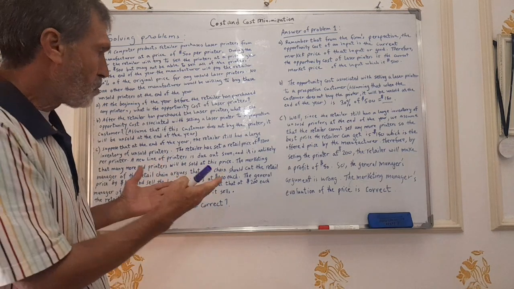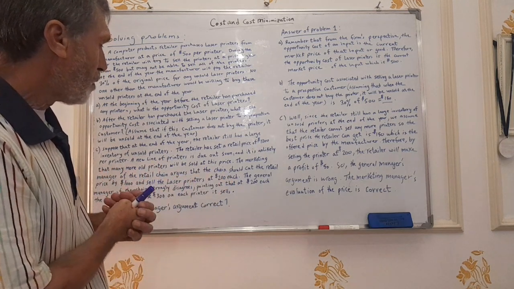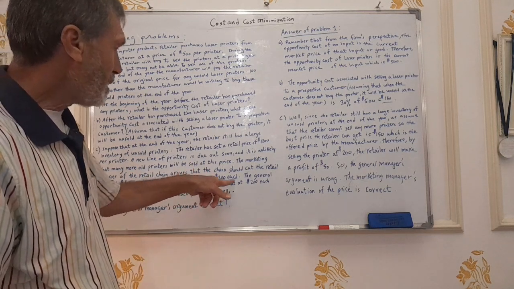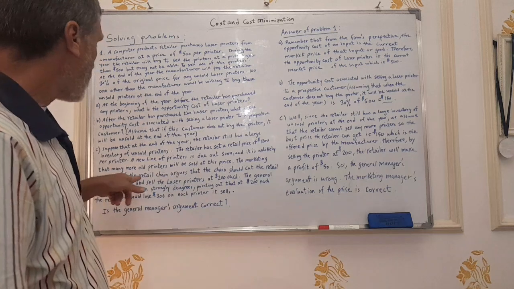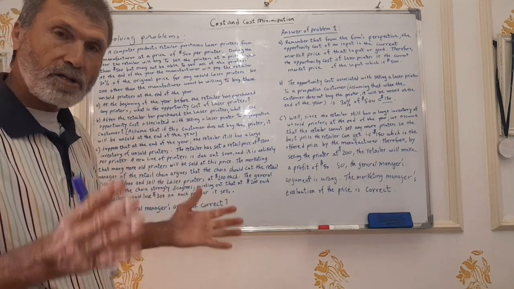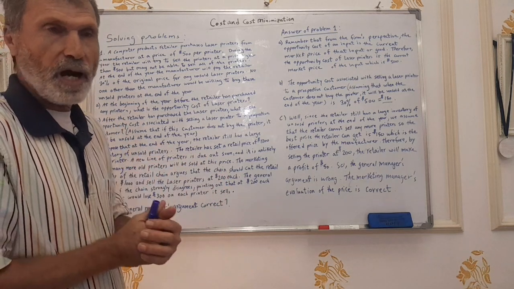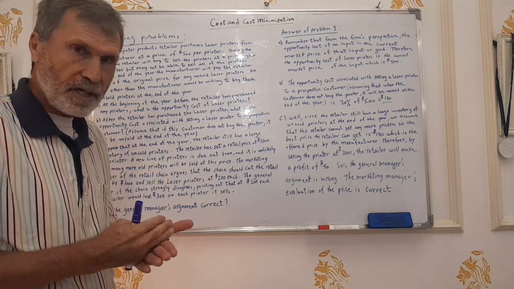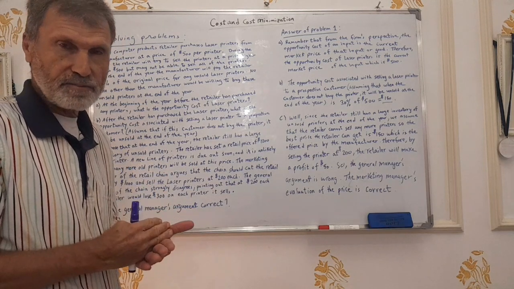Because those are the alternatives available for the retailer. So the marketing manager's argument is correct. Why? Because when the firm sells the printer for $200, it gains $50.